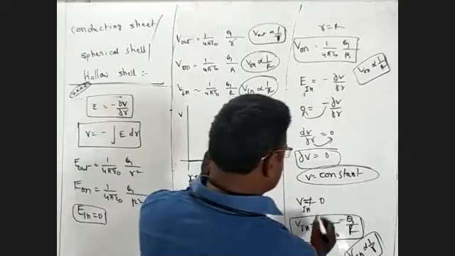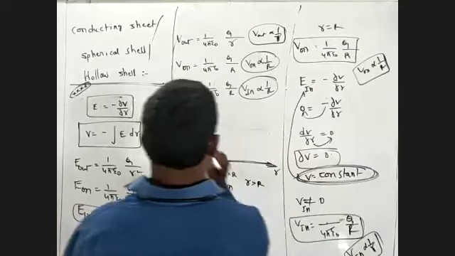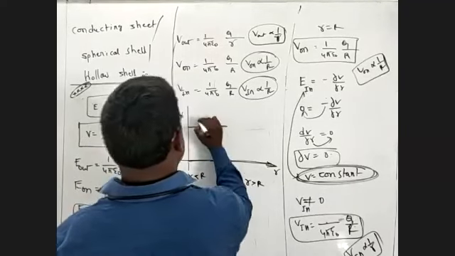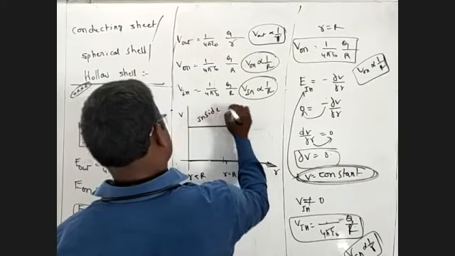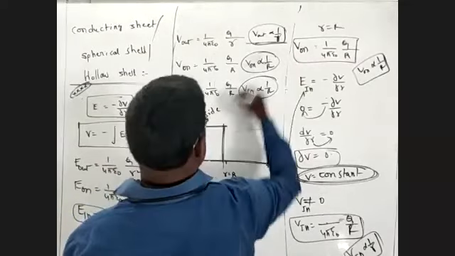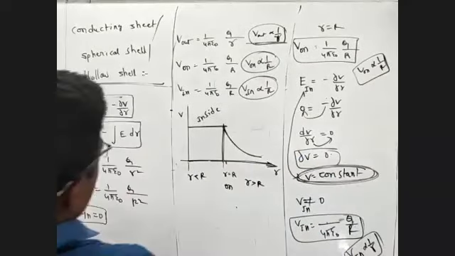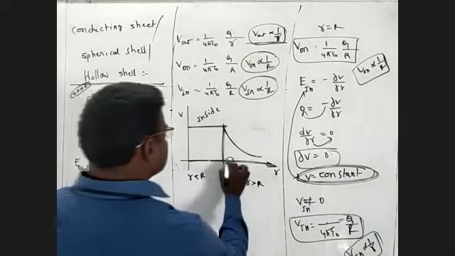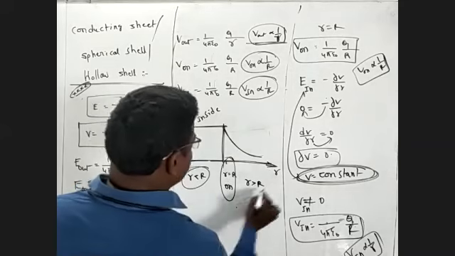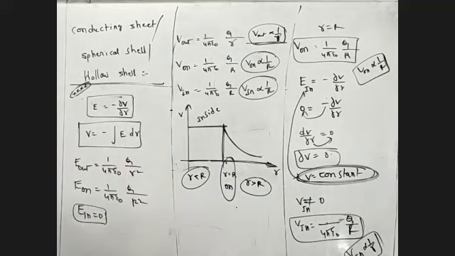Outside, V is inversely proportional to r. This is the sphere, this is inside, this is outside. This is the graph between electric potential and distance r.